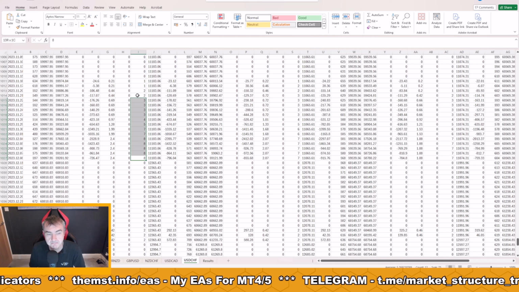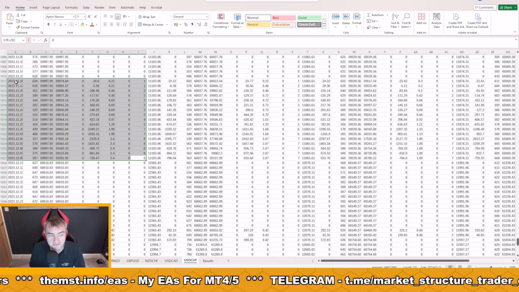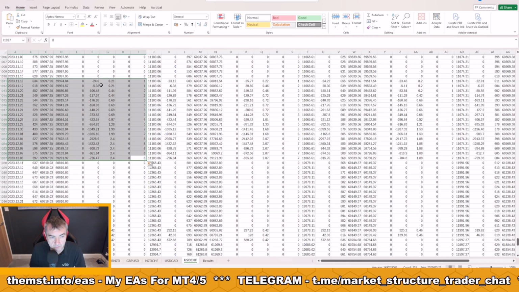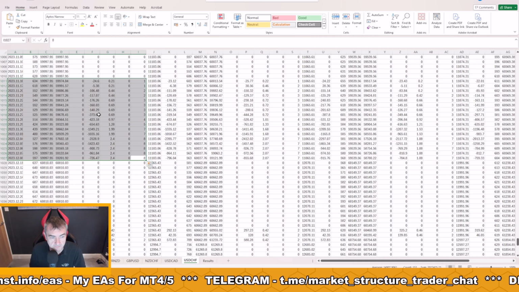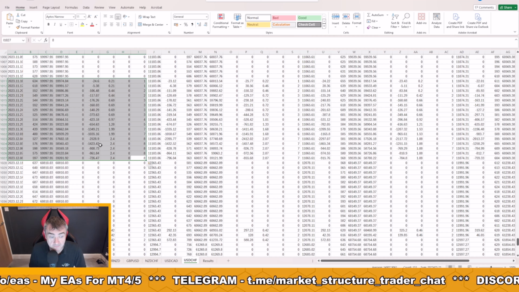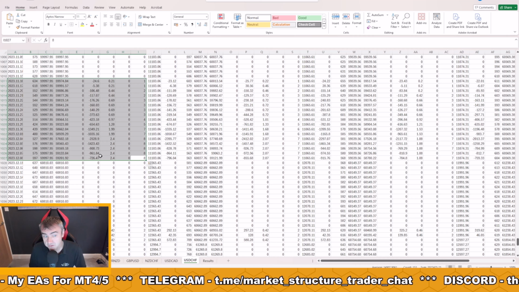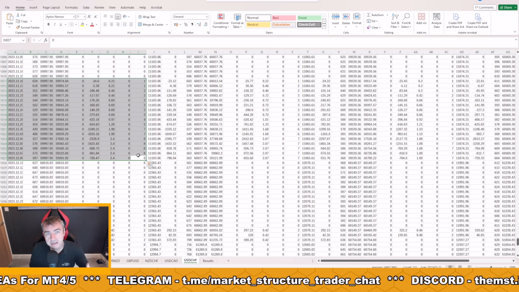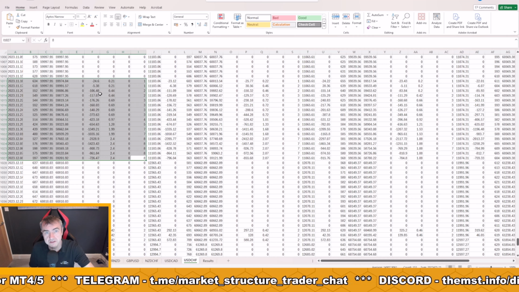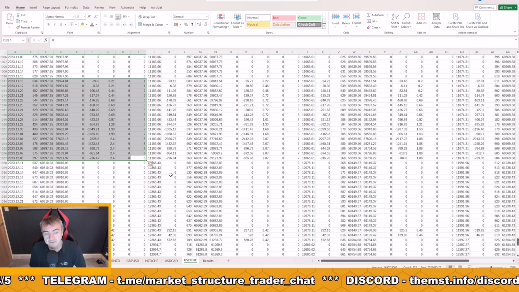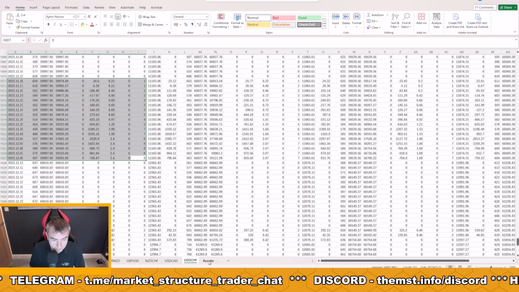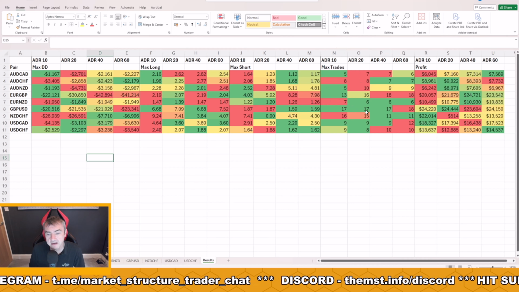We got up to 8. So the maximum number of trades in that position, which was held for 18 odd days, was 8. So we took 8 trades within a position and we held it for about 3 weeks, and then we exited the position with a profit. Okay, so that is what that's measuring there, the maximum number of trades.